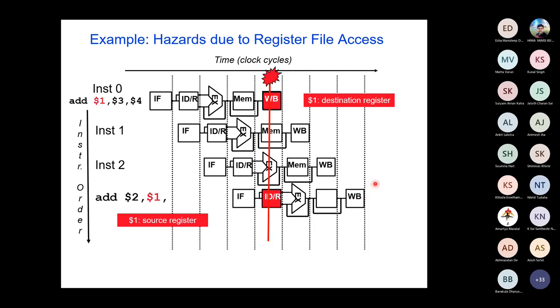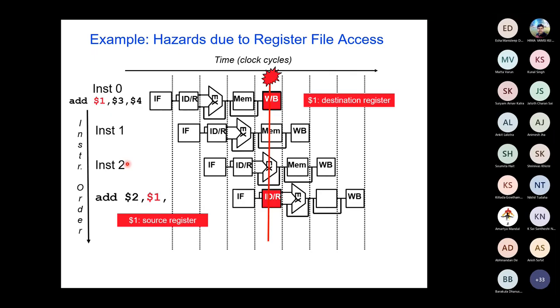Isn't so? Now please tell me, how do I know that there is a conflict here? How does the machine know that whatever destination is here is being used as a source in a subsequent instruction? But if this instruction appears later, then it is not a problem, because that instruction will be pushed a little farther towards the right side, and there would be no conflict. If this appears earlier, again there will be a conflict.